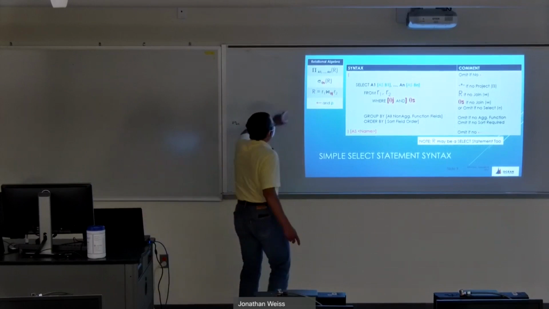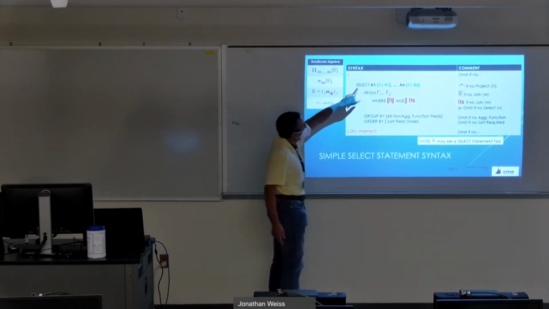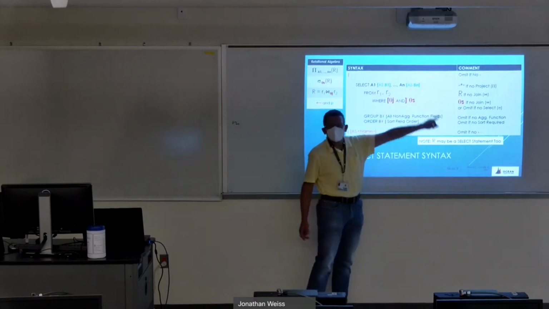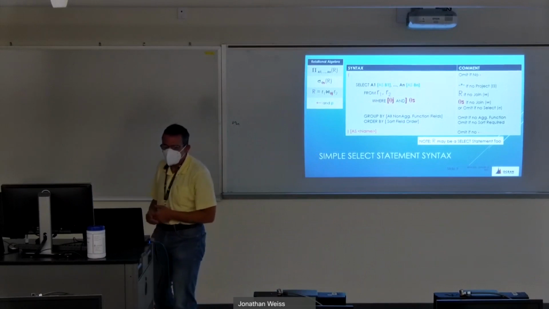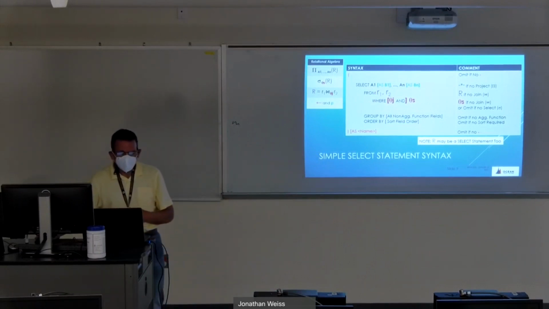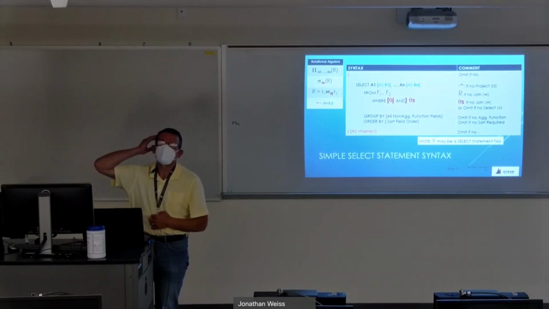So, the project attributes are right after the select. If you're going to map this into a SQL statement that implements this thing, you're going to select the specific attributes, and those are the same attributes that you would have been putting in the project statement.